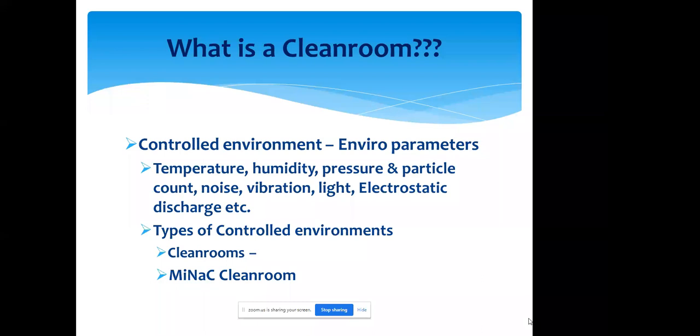For example, you monitor temperature, you can monitor humidity, you can monitor pressure, you can monitor particle count, noise, vibration, electrostatic discharge, etc. All those things that will affect your environment, you have to figure out which ones you want to monitor, and that's a controlled environment. So clean rooms are types of controlled environments.